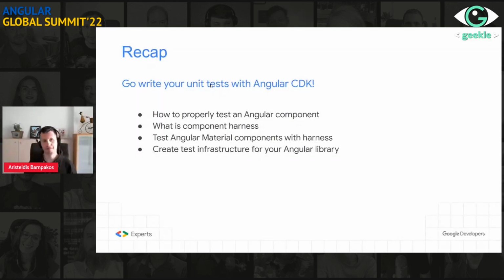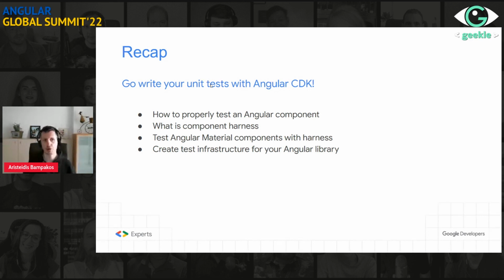So, to recap, I would suggest you go and write your unit tests with Angular CDK. It is an amazing feature of the Angular CDK. It is reliable because it is maintained by the Angular components team, and it makes your unit tests more readable and scalable.